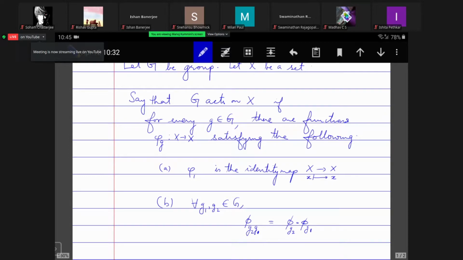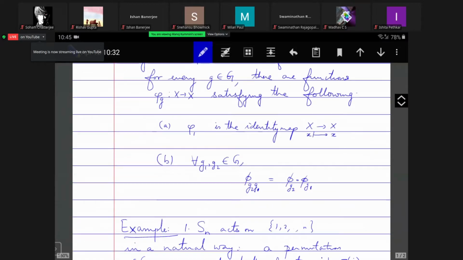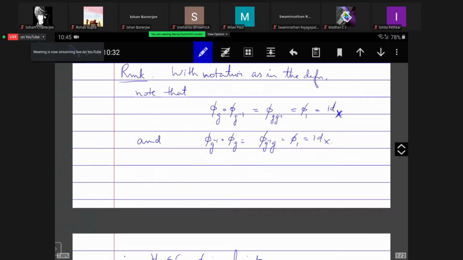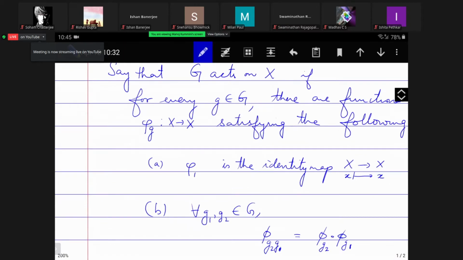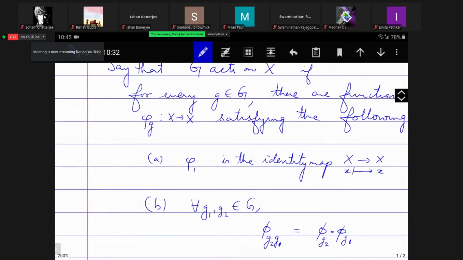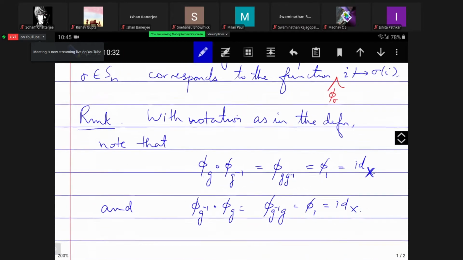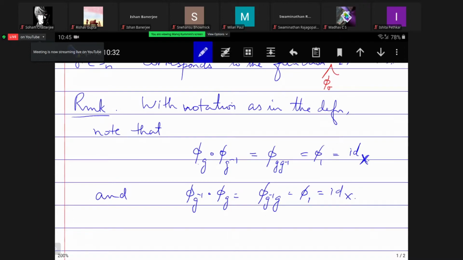So there is a relation between group actions and permutations, which I will outline in an exercise that is not really crucial for understanding the concept. So I do not want to elaborate it during the lecture. We can revisit this at a later point. But right now, just think about this. Each group element gives a function from the set to itself, satisfying certain compatibility relations. And it follows immediately from the definition that these functions must be bijective.